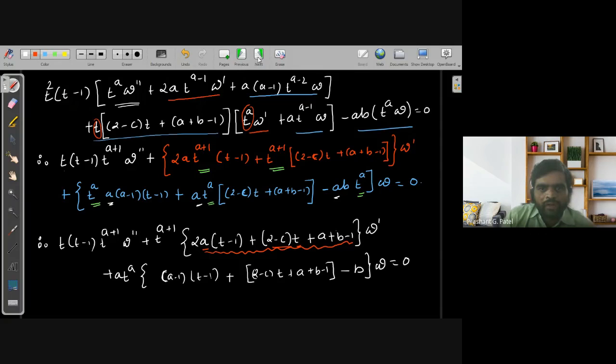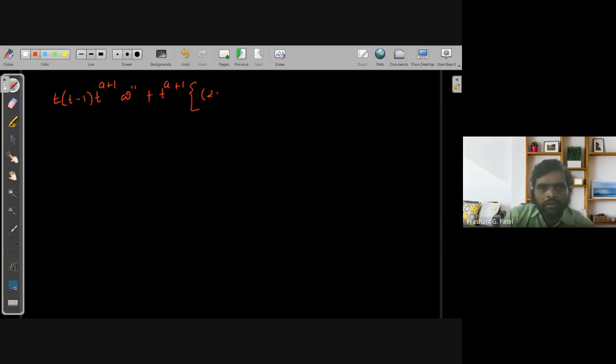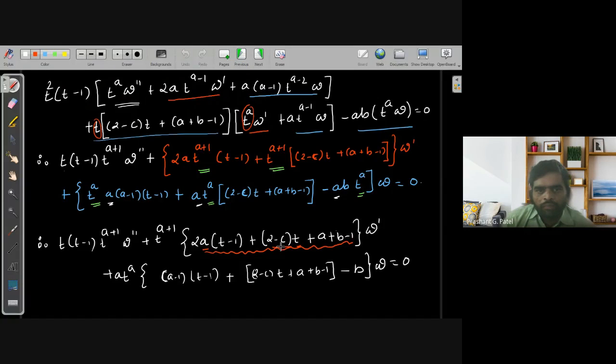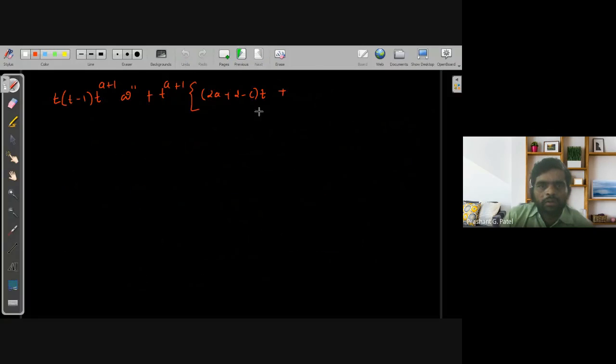So both together we can write down as 2a plus 2 minus c into t, plus this 2a, so it is minus 2a together with this a, so it will become minus a plus b minus 1.